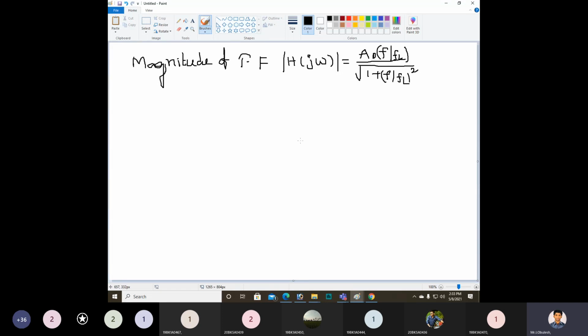This is the magnitude of the transfer function.